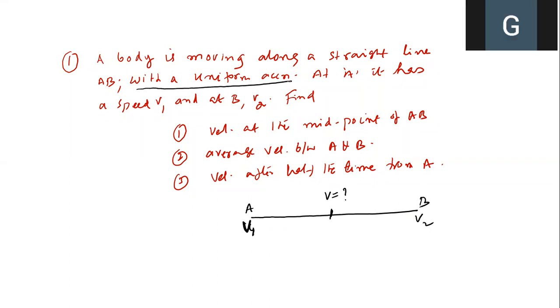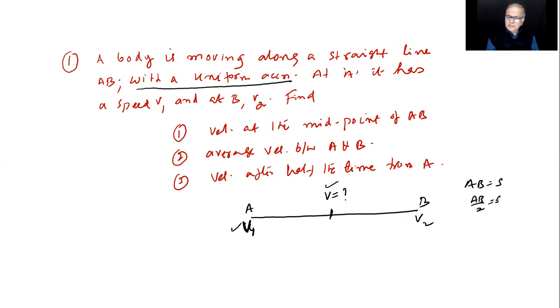So how shall we start doing it? Sir, they gave midpoint, so this distance is known. If it is AB, it will be AB by 2. Or if you think AB is S, AB by 2 will be S by 2.